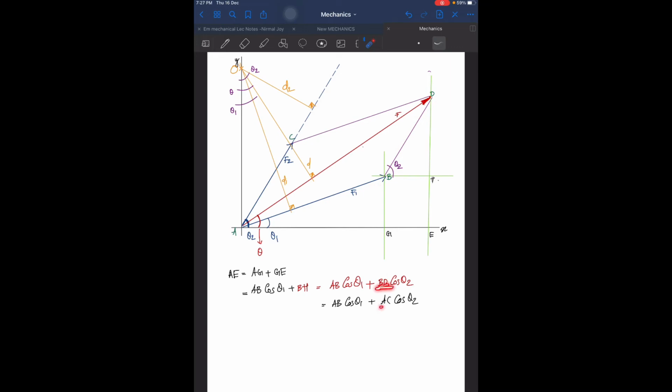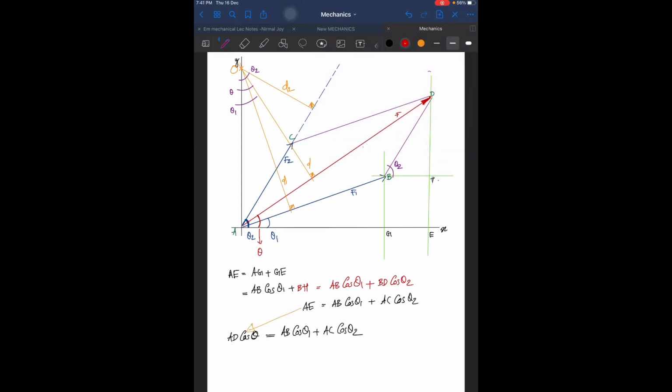So I have replaced BD with AC. Therefore AE is equal to AB cos theta 1 plus AC cos theta 2. Now what is AE? AE is nothing but AD cos theta.